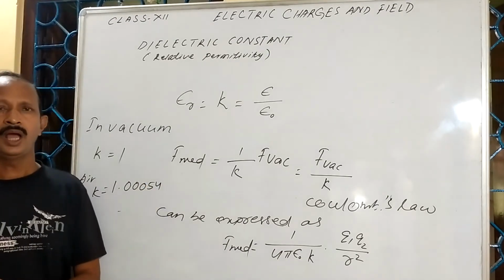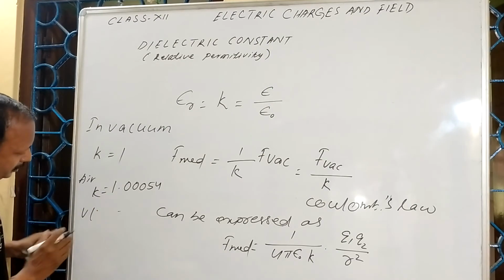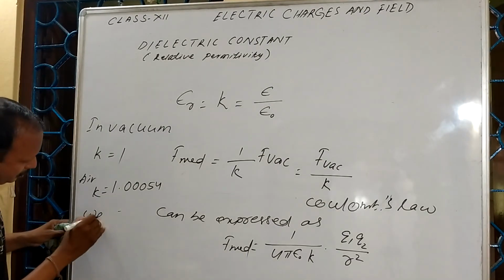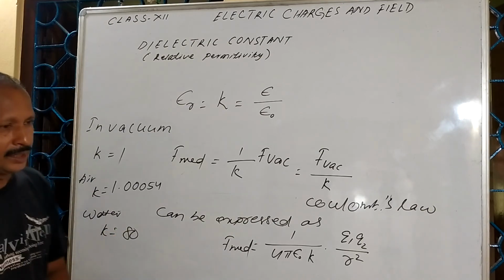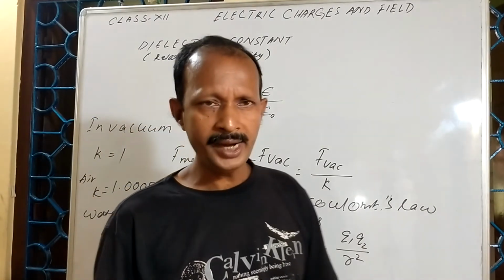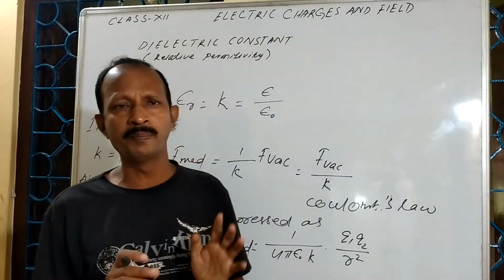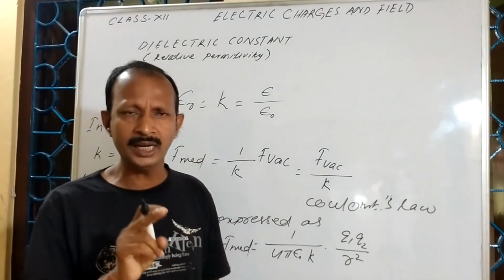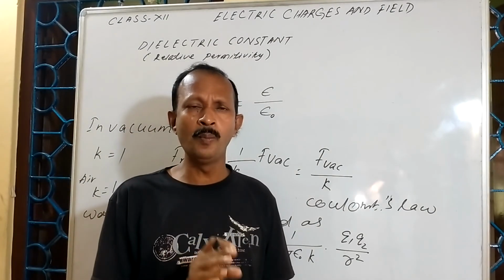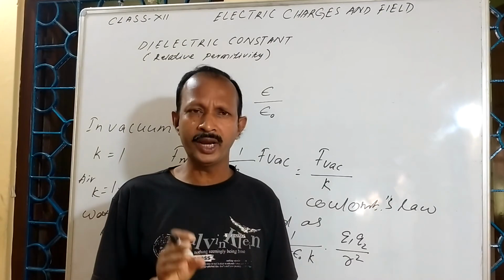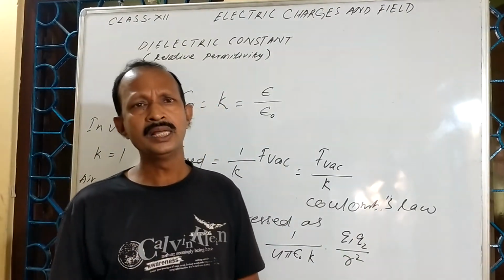Okay, and if it is water, then K will be equal to 80. So this dielectric constant is the property of the medium which greatly affects the force between the 2 point charges when they are at a certain distance and are at rest.